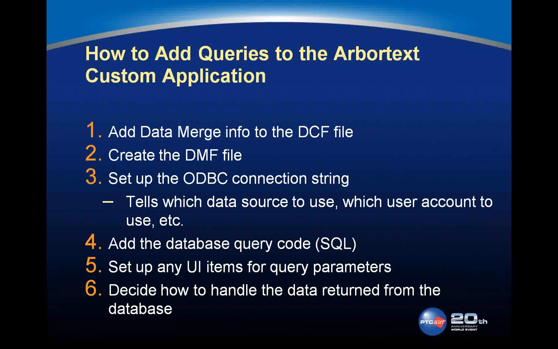You create a DMF file, which is a data merge configuration file, and that's where the bulk of the information about the query goes. So these other points are actually things that go inside the DMF file.